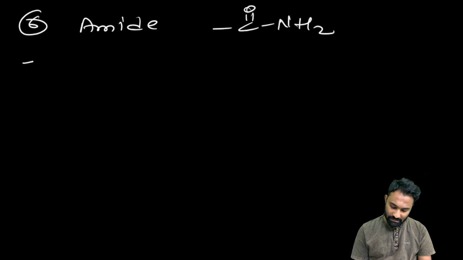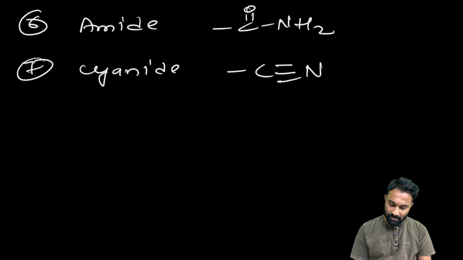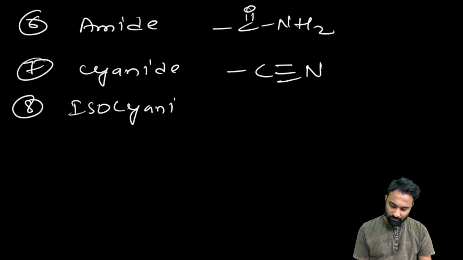Next, the seventh we have cyanide. Cyanide will be C triple bond N. Clear? Now the next ones will be isocyanide and isocyanate.